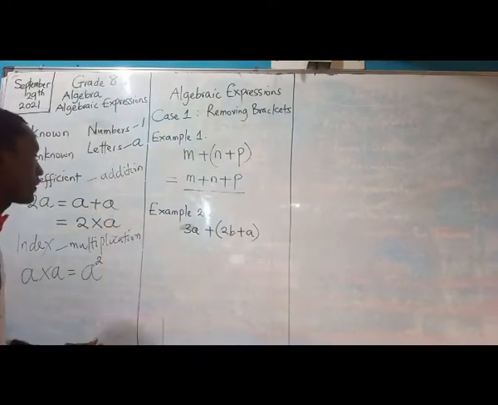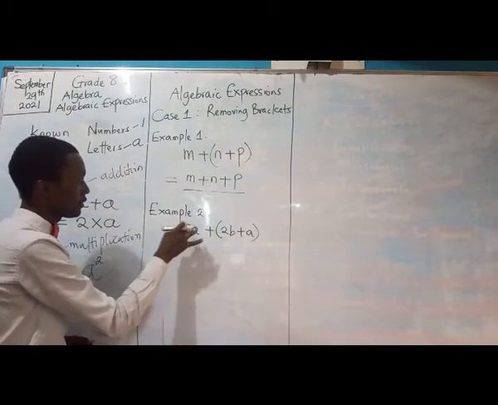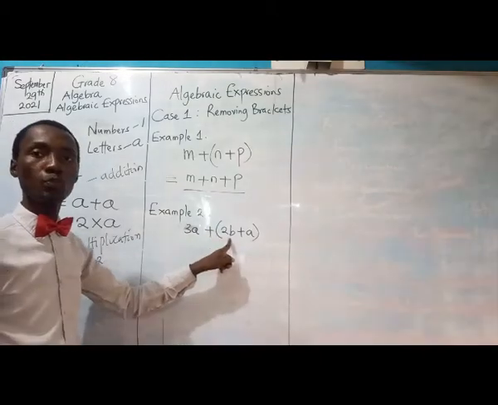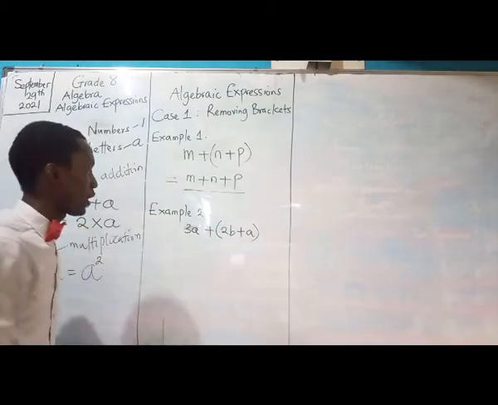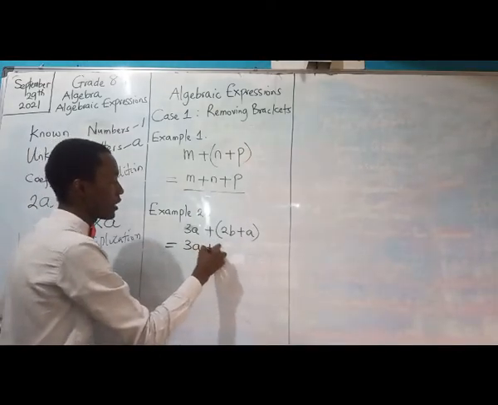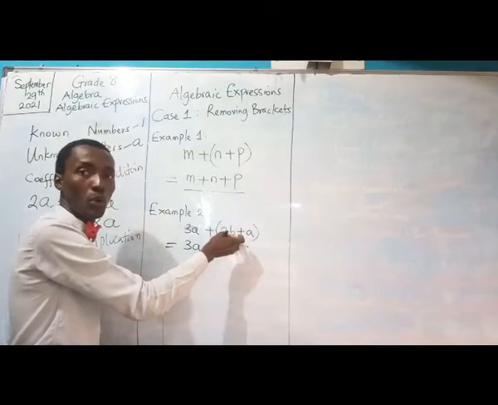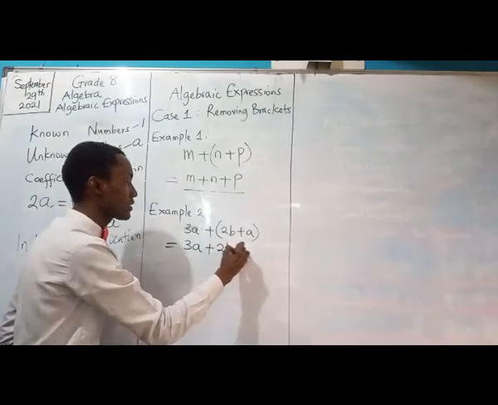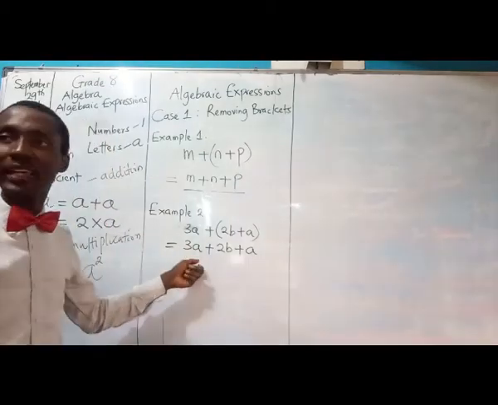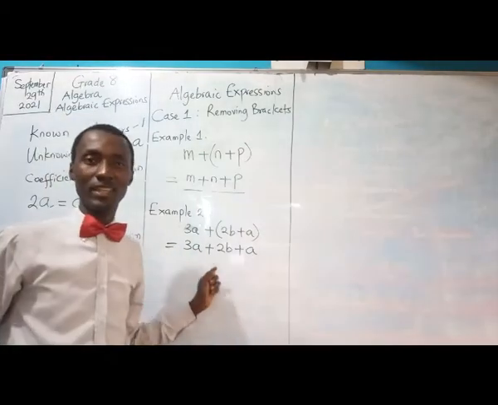Okay, we go to the next problem that says 3a plus bracket open 2b plus a. We're going to remove these brackets and we have 3a. It's not going to affect this bracket, so we will just write it as it is here. And then the next thing that comes after the bracket is what we call collecting of like terms.